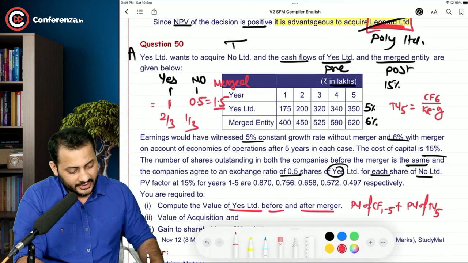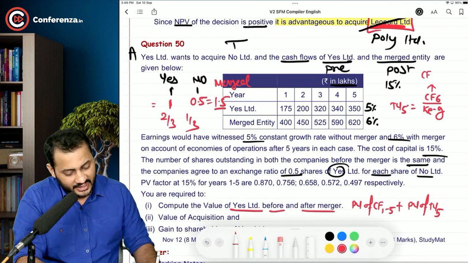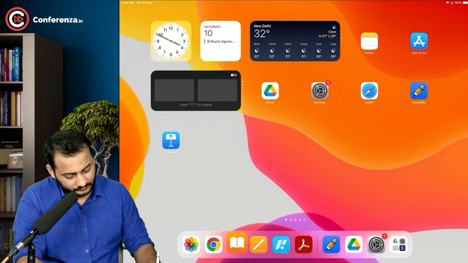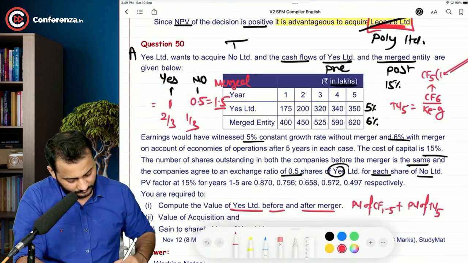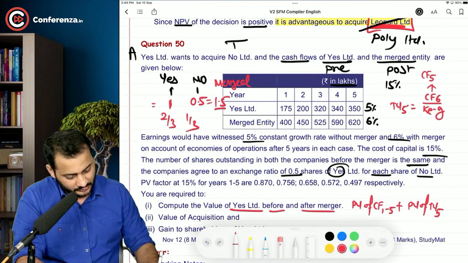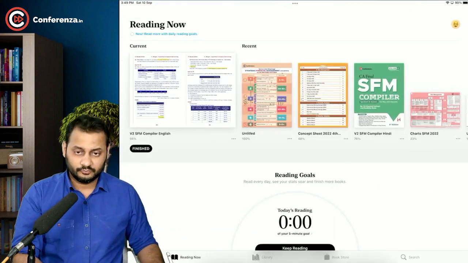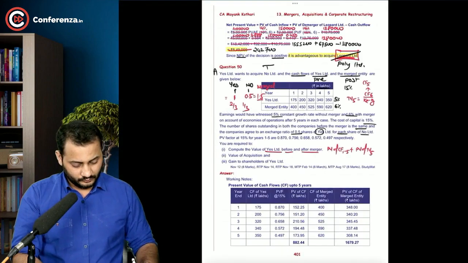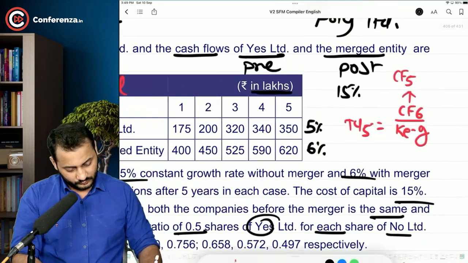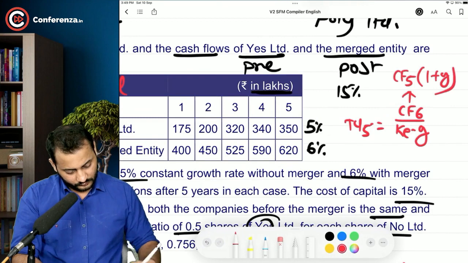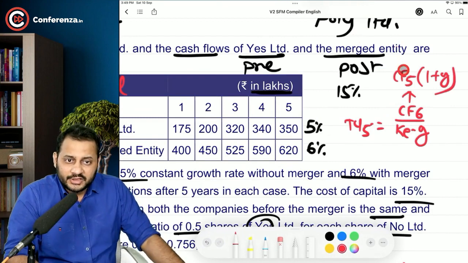How to calculate the cash flow for 6th year? It's the cash flow for 5th year times (1 plus growth). So you will take cash flow for the 5th year.